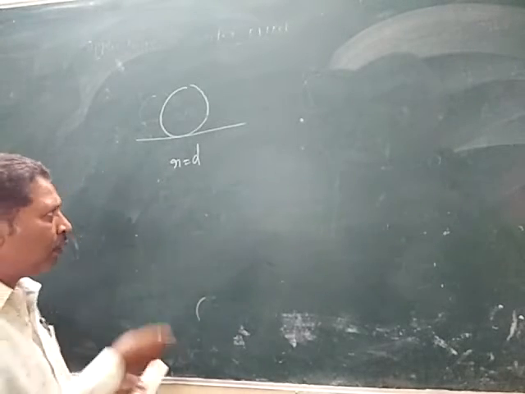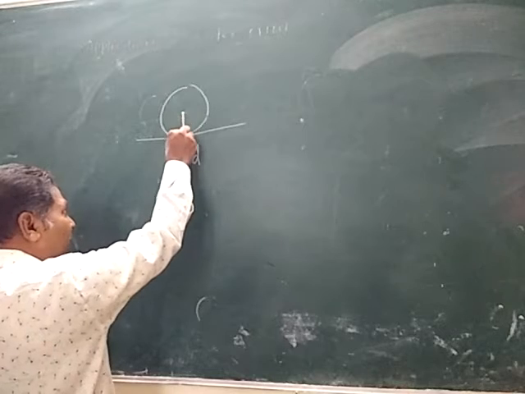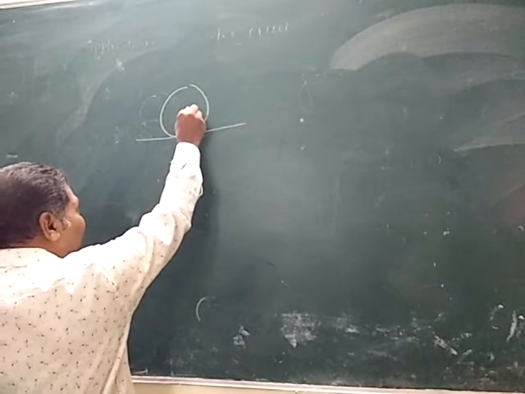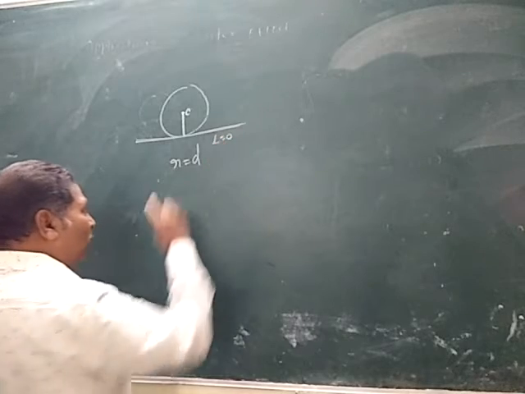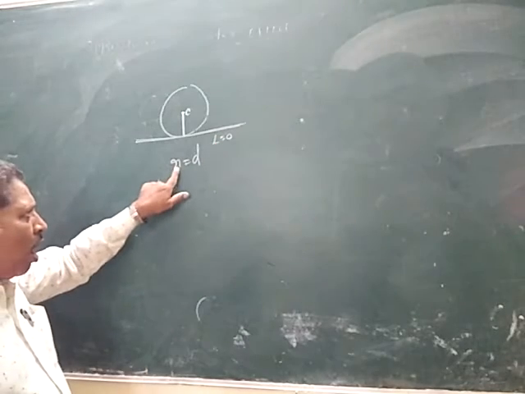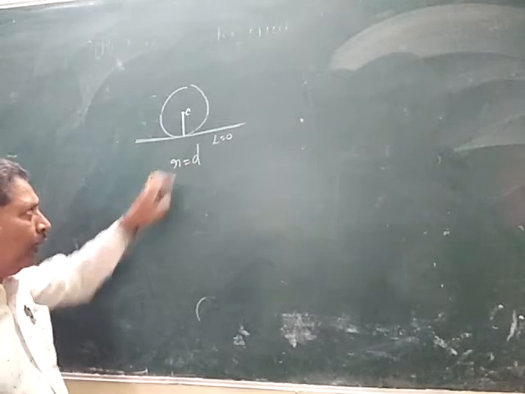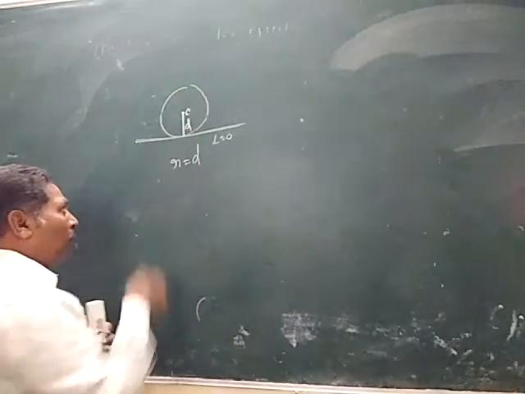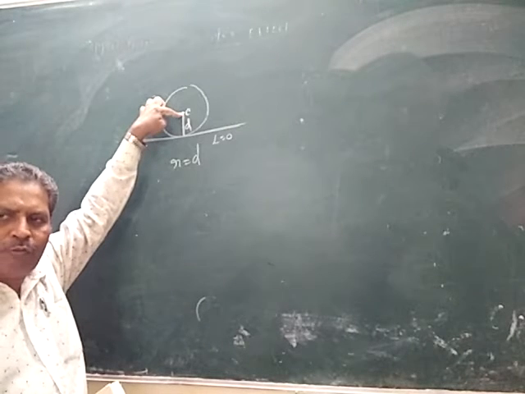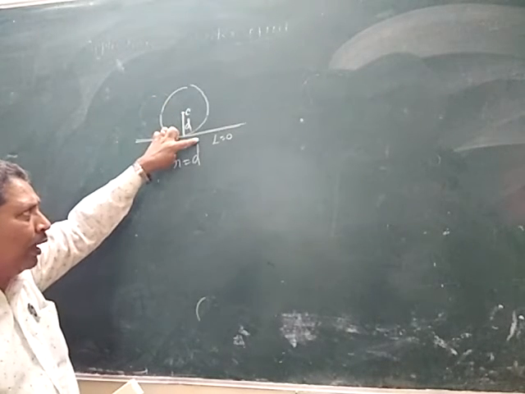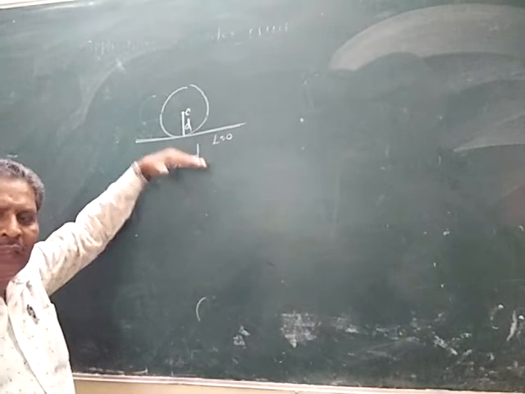D is the perpendicular distance from the center to the line L equal to 0. So this is called the tangent condition in the circle.